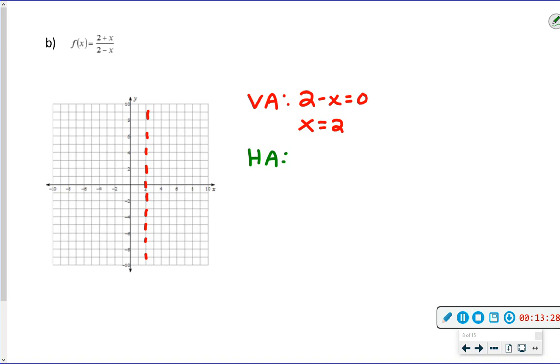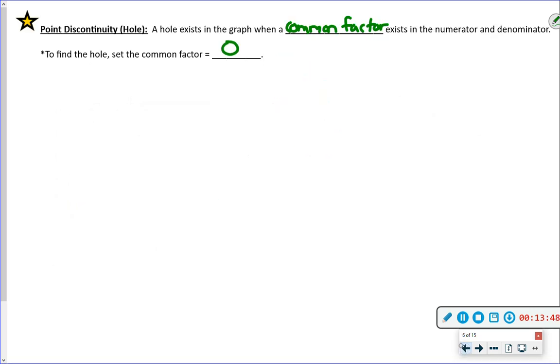All right, horizontal. We're comparing the degrees. So degrees are our highest exponents on the variable. So I have x to the first, x to the first. Notice those are not in the correct order, that fraction. Really, it should be x plus 2, negative x plus 2, but whatever, just recognize I'm looking at the x to the first, x to the first. Now be careful here, because the order, I don't like the order.